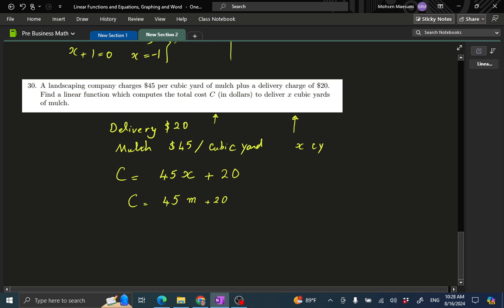In most applications, people just use the full word or an abbreviation of the word, which is going to be more than one letter. So you have to be careful if, for example, you write cost.